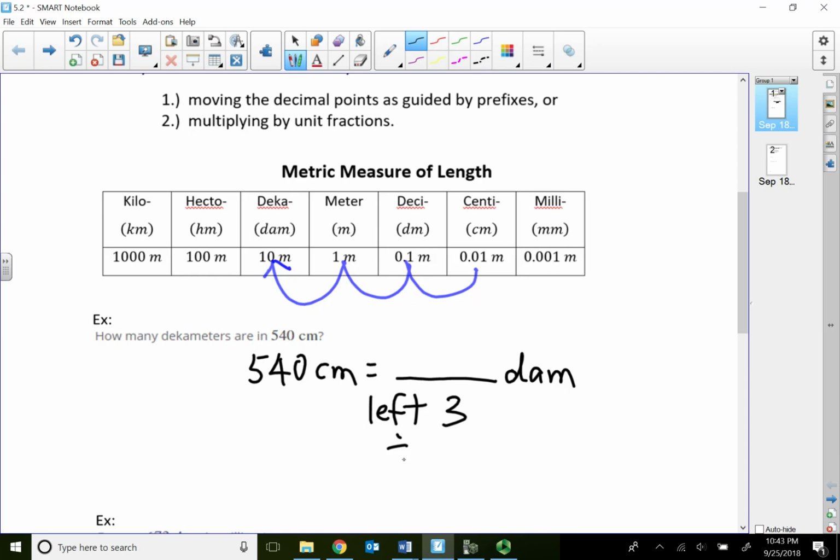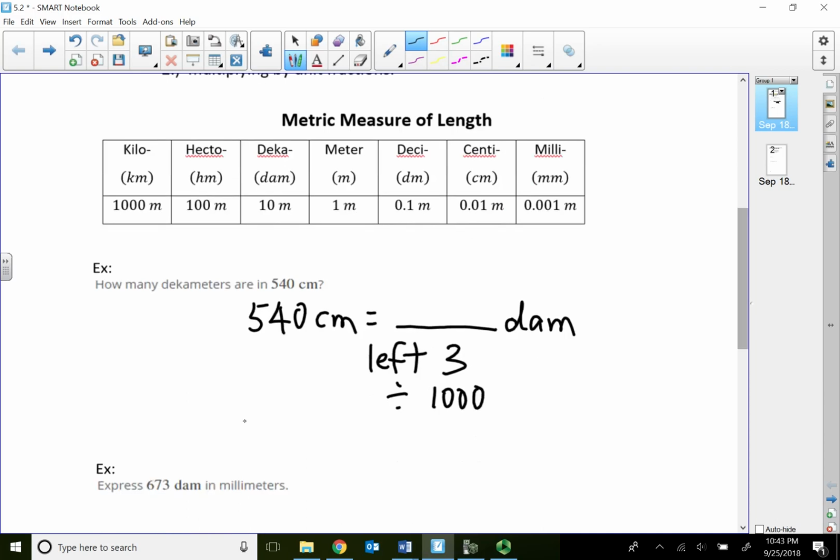Left means divide. 3 places is equivalent to 1,000, just like what we discussed in Module 3. So dividing by 1,000 is the same as moving the decimal to the left 3 places. For my 540 centimeters, the decimal is behind the 0. All I have to do is move that decimal to the left 3 places: 1, 2, 3. So the decimal is right in front of the 5.